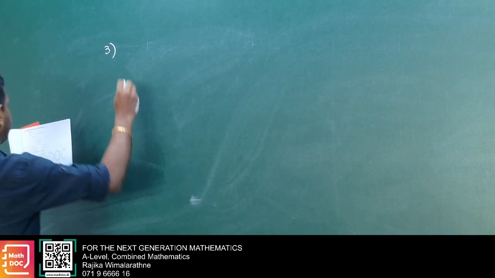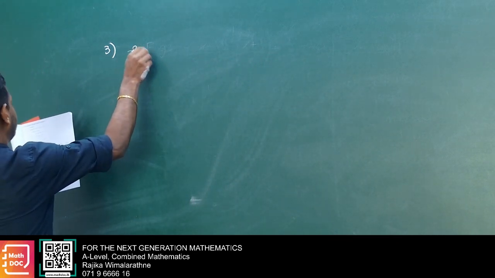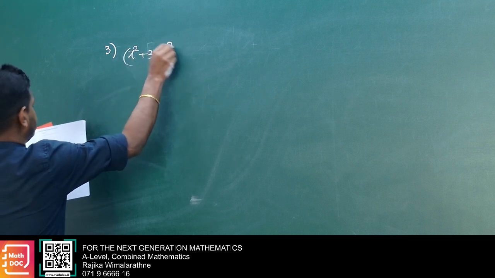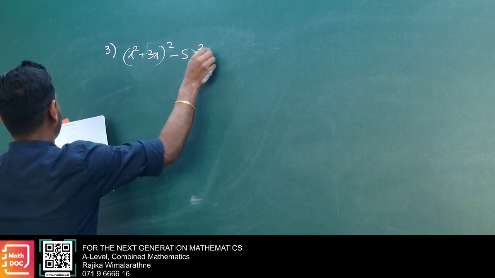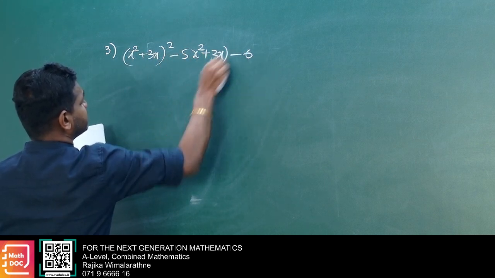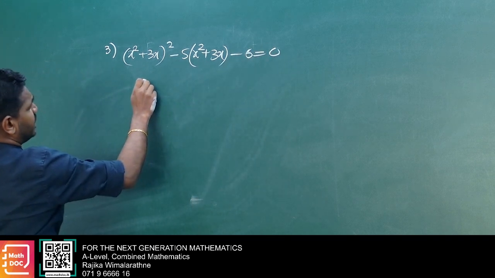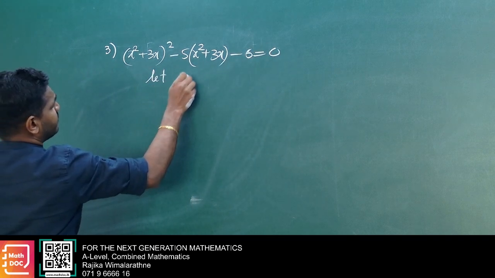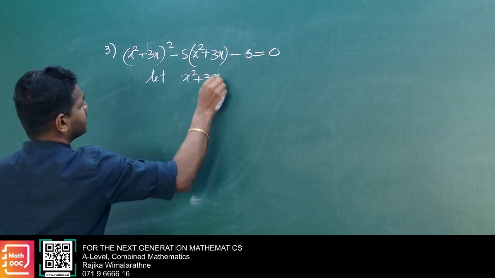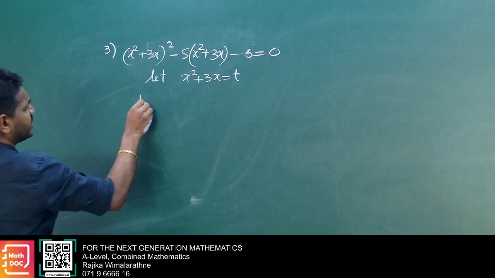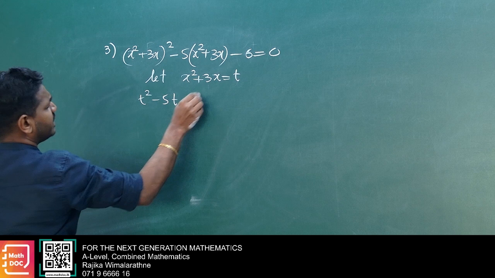Then 3: x squared plus 3x, all to the power 2, equals 5 times x squared plus 3x, minus 6. Do with me. Then you get the substitution x squared plus 3x equals t, then t squared minus 5t minus 6 equals 0.